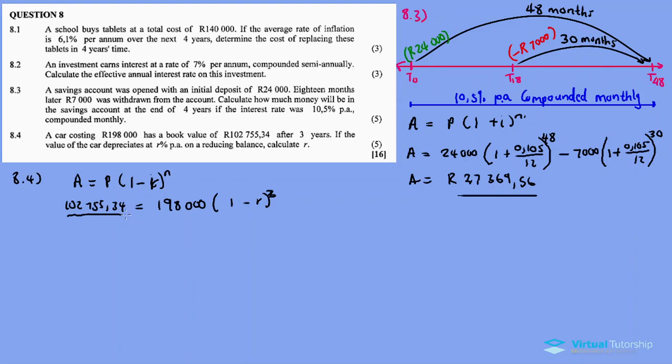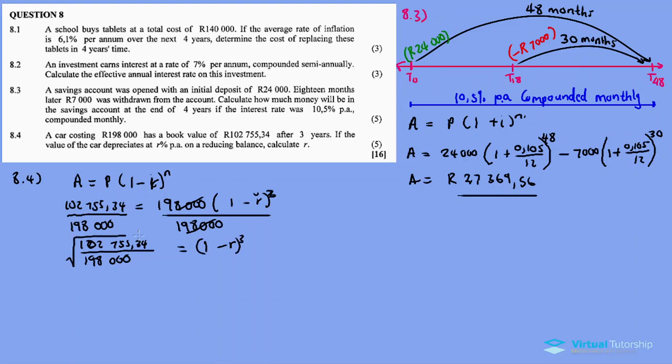So divide both sides by 198,123. Why divide both sides by 198,123? So that I can make R the subject of the formula. So in order to do that, I need to cancel this. So 102,755.34 divided by 198,123 equal to 1 minus R raised to exponent 3.